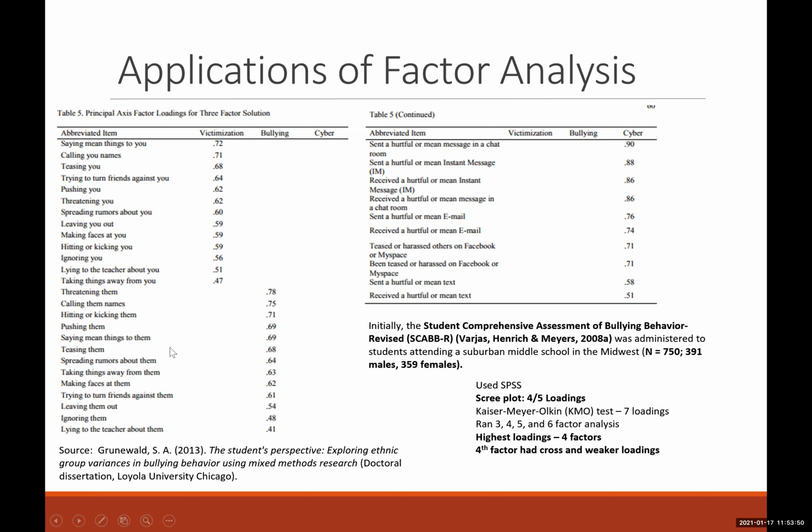And this is just a really big table. So it's 3 factors, and then the questions just continue to the other half of the table. In this case, we wanted to have bully versus victim for each of these 3 categories, and it ended up that we couldn't look at physical, verbal, and cyberbullying the way that we wanted to.